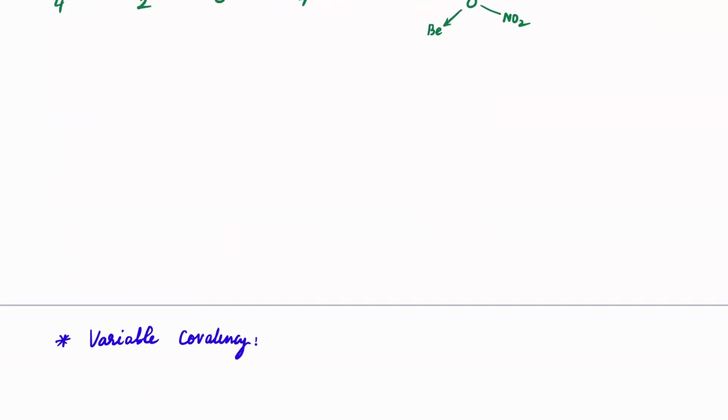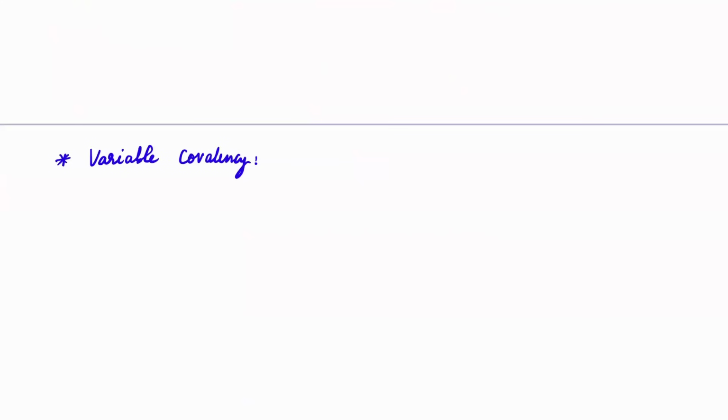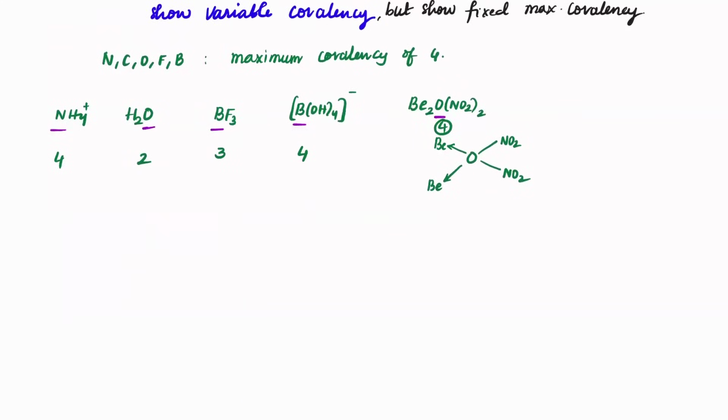We use the term variable valency here. By the way, when do we have this fixed valency? This is due to the absence of d orbitals.